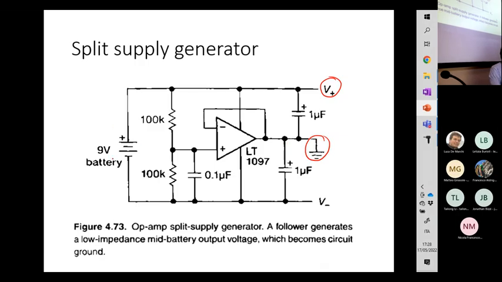Well, we take the 9 volt voltage drop, then we apply a voltage divider with equally valued resistors, so that the voltage drop over here will be rigorously equal to 4.5 volts.